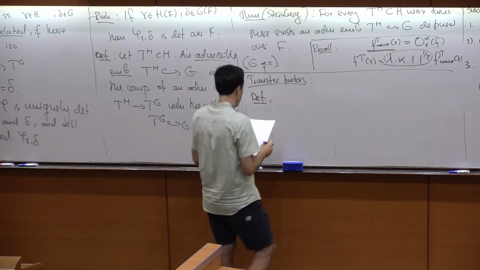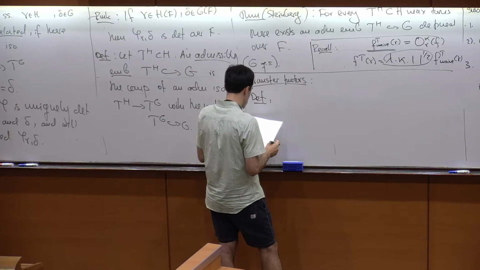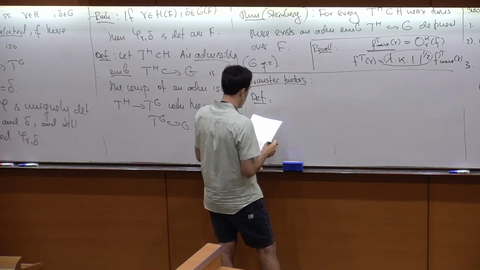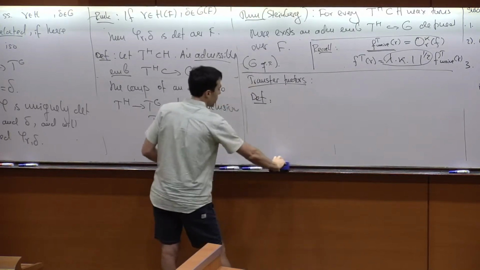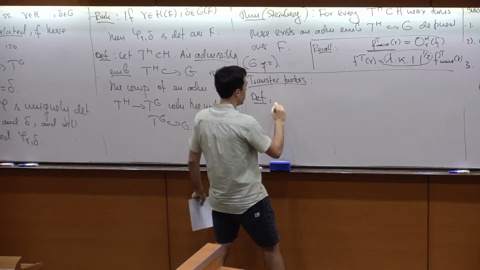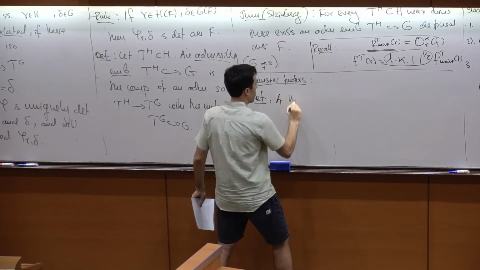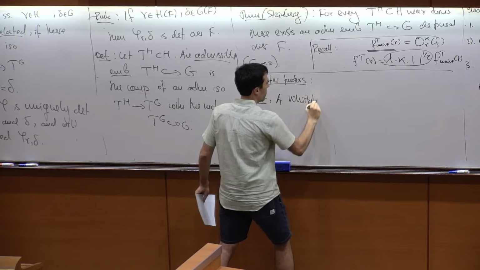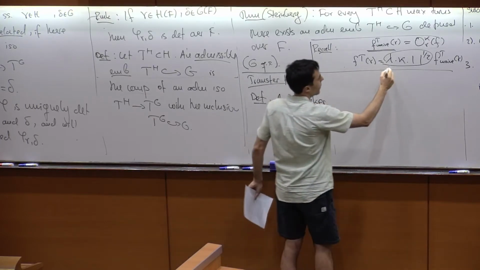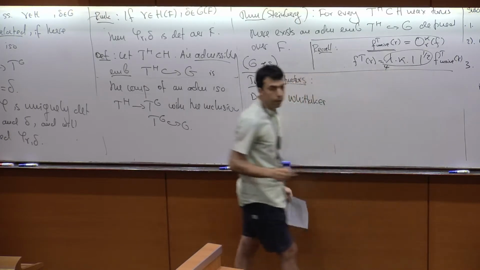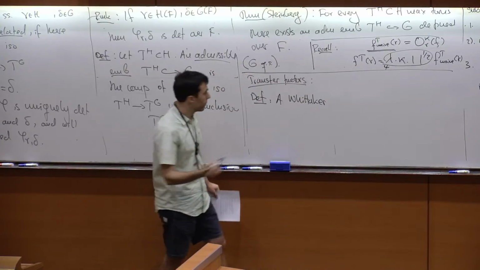All right. So I first have to introduce a little bit more things. Remember that this lambda here depends on an additive character psi. So this is the first thing we need to generalize.